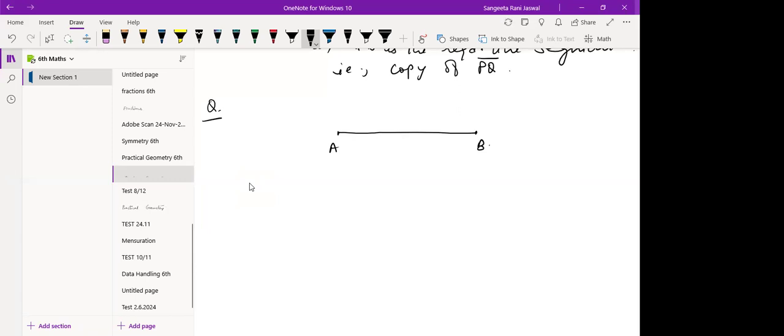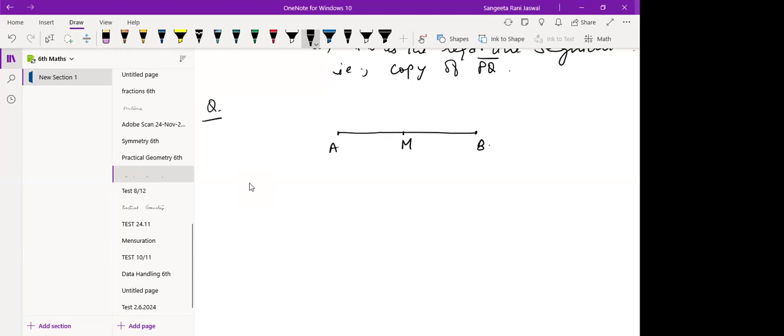Done? Okay. Now take a point M on it, any point M. Now open your compass to more than MB. Keep your compass pointer here and your pencil should exceed more than MB.